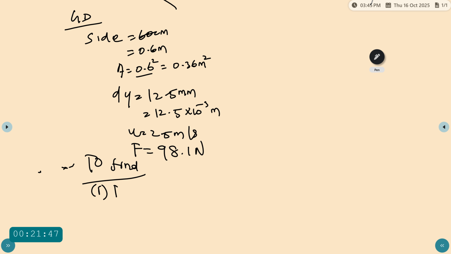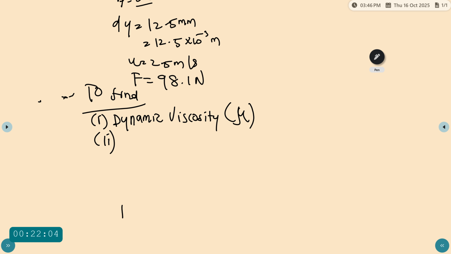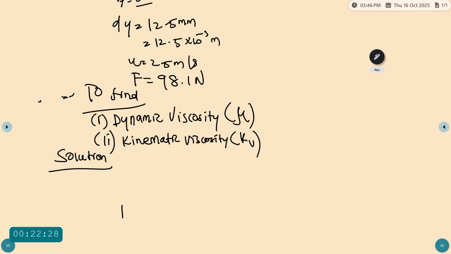First one is dynamic viscosity, the symbol of dynamic viscosity is mu. The second important property is kinematic viscosity. Unlike the last problem, kinematic viscosity is not given. Both values are not given. We have to determine them from the given data.